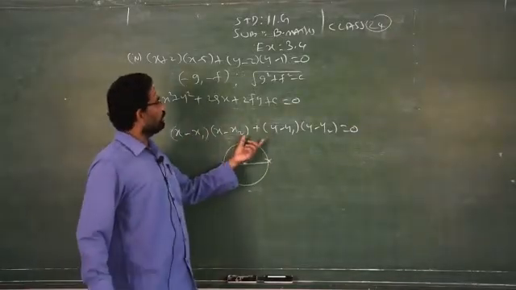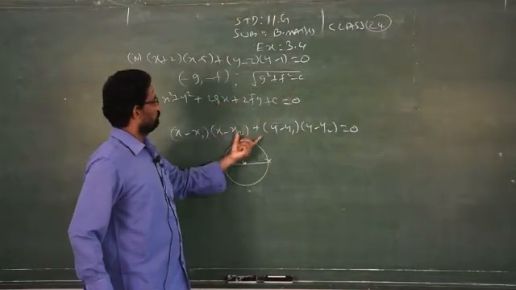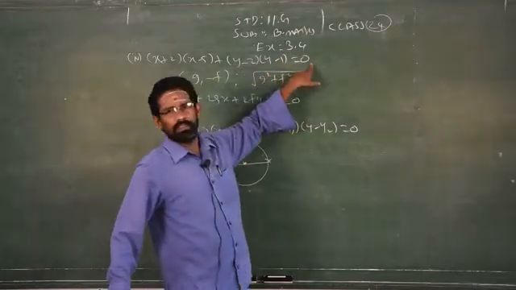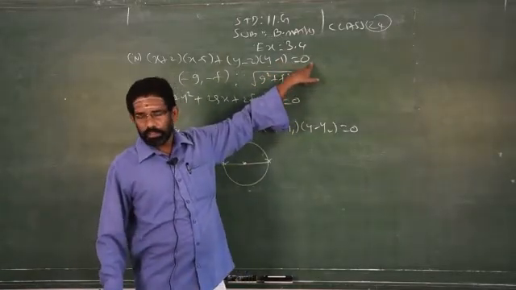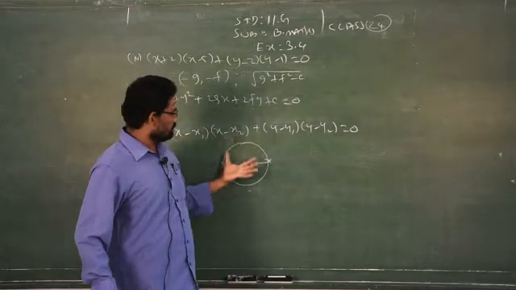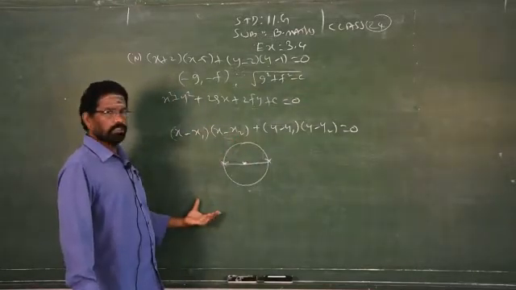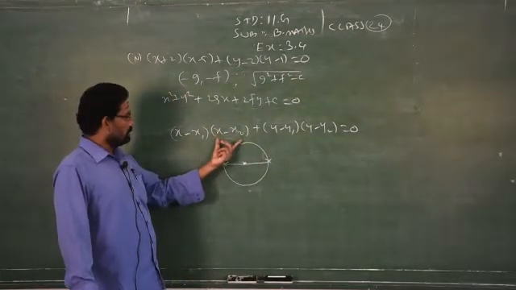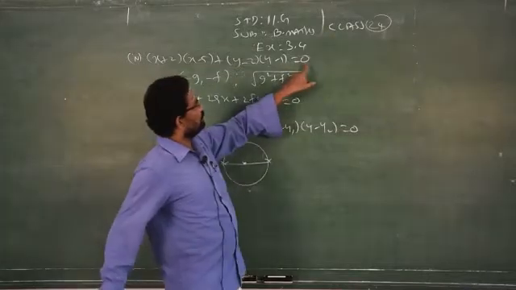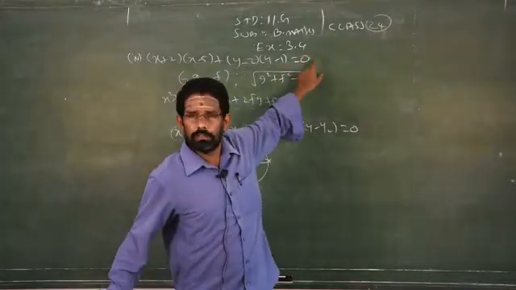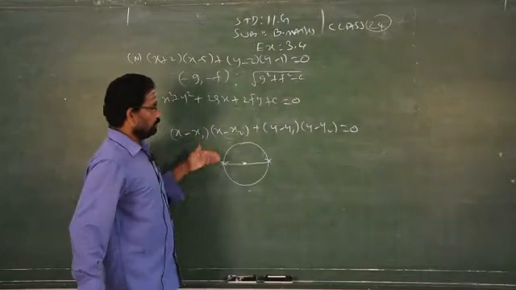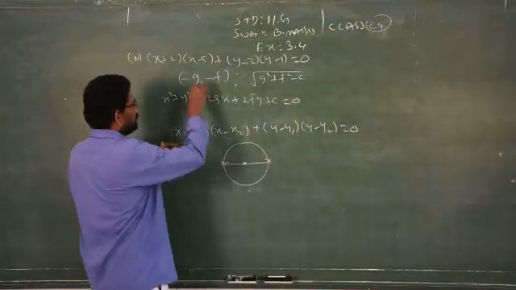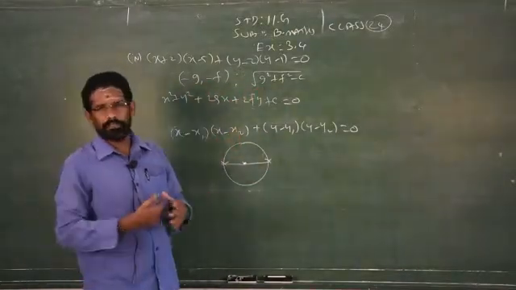So I am comparing this formula with the given question. If there is any constant instead of 0, then you cannot apply this method. Based on this formula, you ensure that the right side should be equal to 0. If it is so, then you apply this concept to find center and radius.